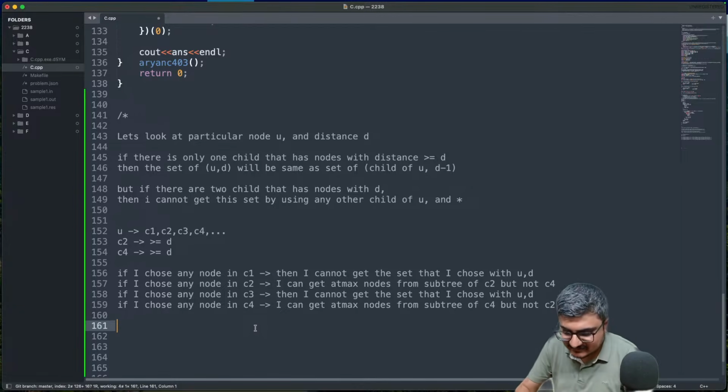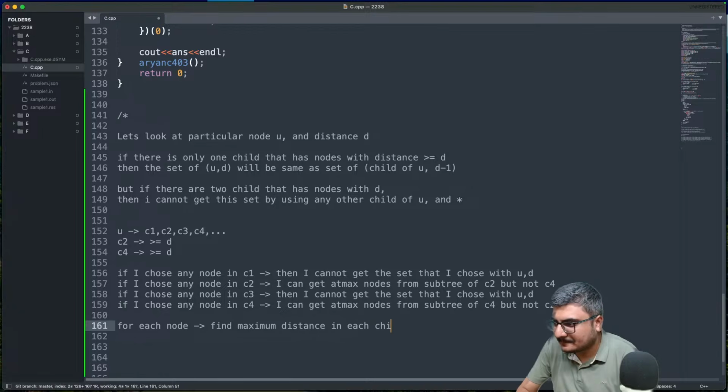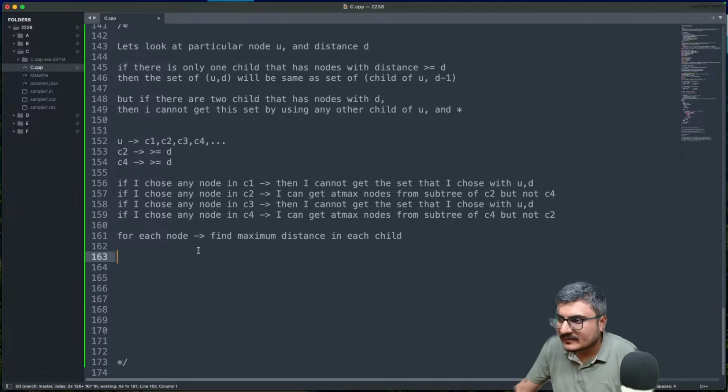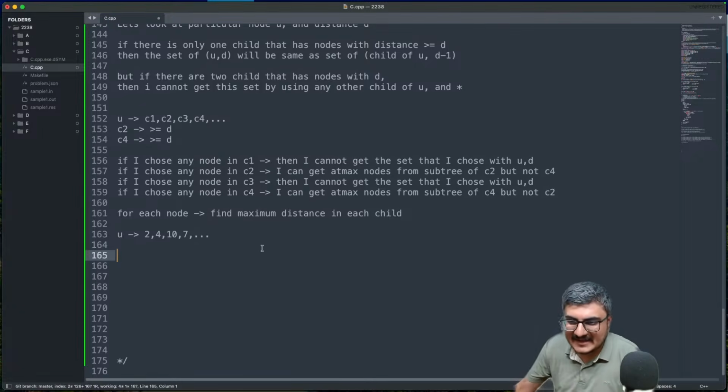So what I need is to find the maximum distance in each child. Let's say from u, in each child, the distance is 2, 4, 10, 7, and so on, something like that. Then I will get a unique candidate of set as long as d is less than or equal to 7.